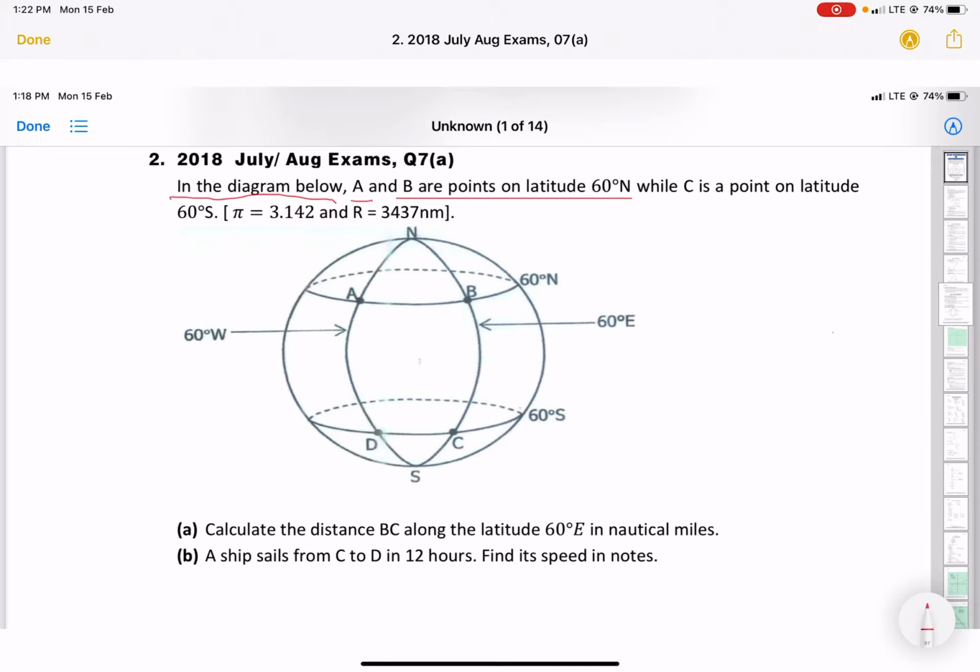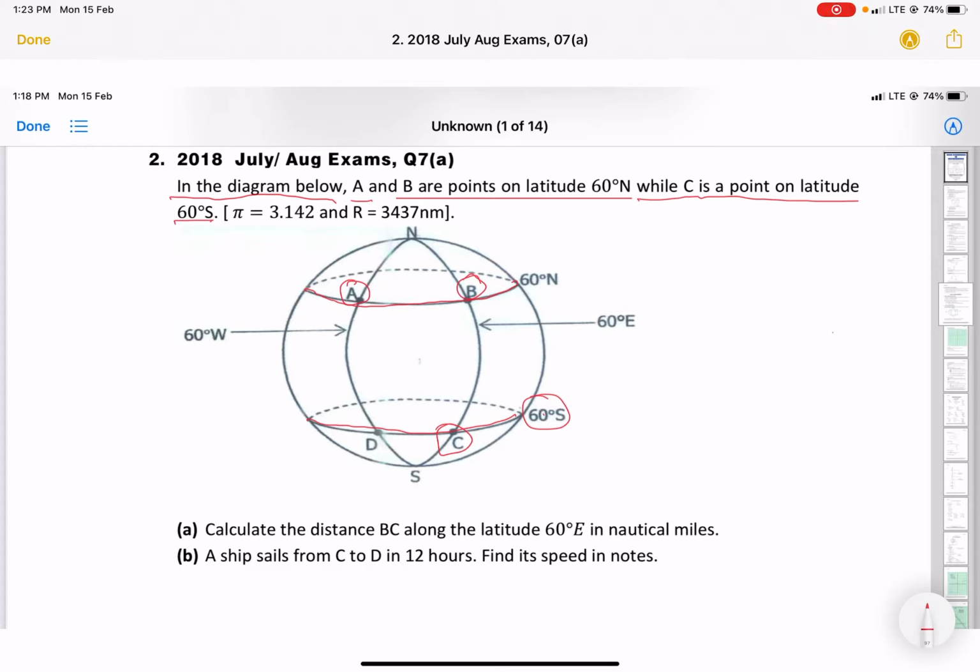So we are told A and B are points on this latitude, 60 degrees north, while C is a point on latitude 60 degrees south. So C, as you can see, is a point on this latitude, 60 degrees south.